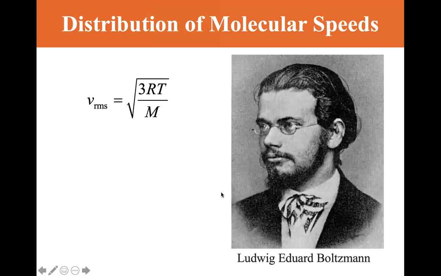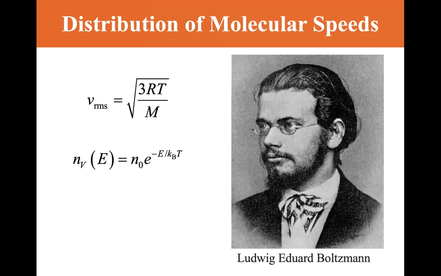And we defined a distribution function. N_V(E) is the number density, and this quantity is called a distribution function, and it's defined so that N_V(E) dE is the number of molecules per unit volume with energy between E and E plus dE.